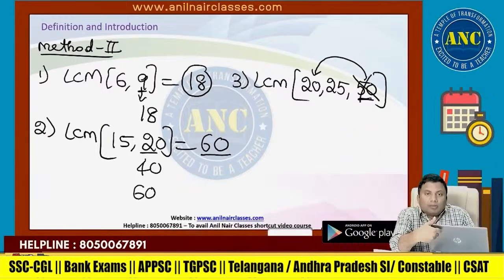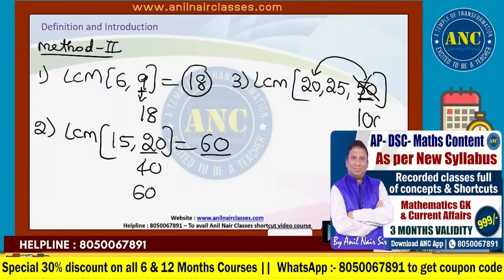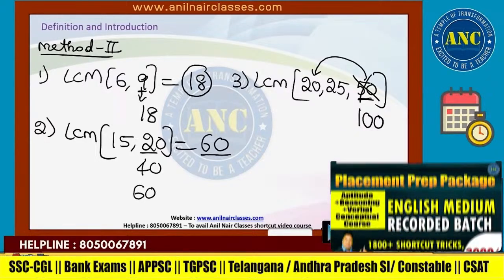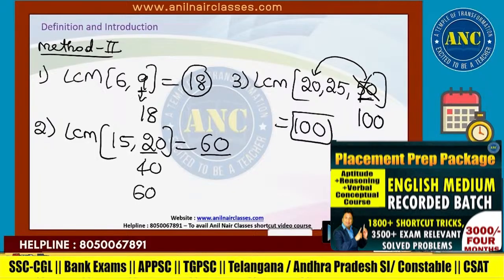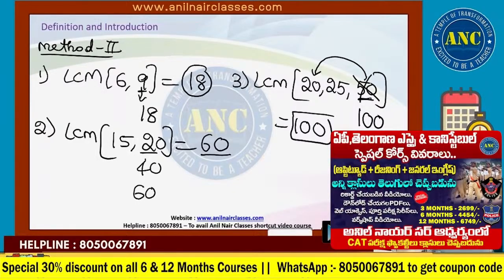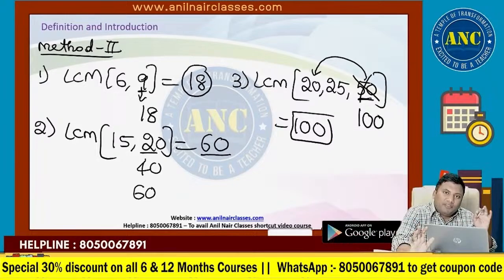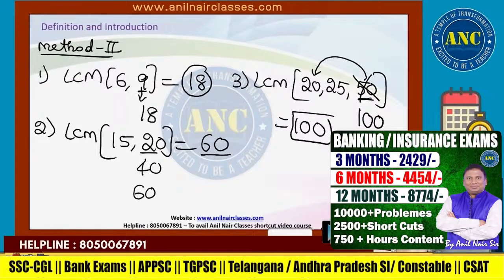So take the next multiple of 50, 100. 100 is 25 fours. So the answer for this question is 100. If the largest number is not a multiple of every other number, take the multiples of the largest number.